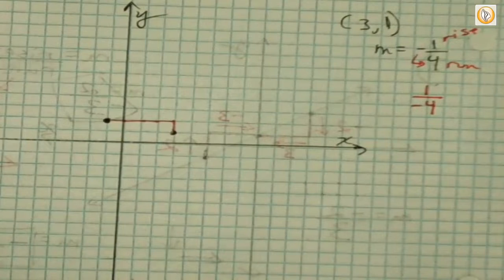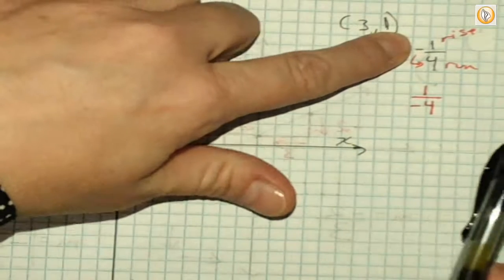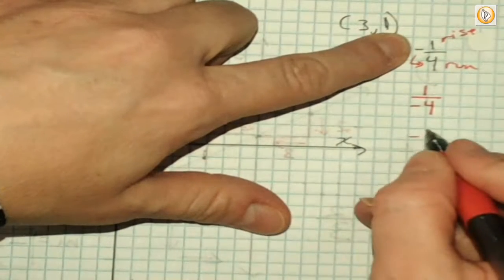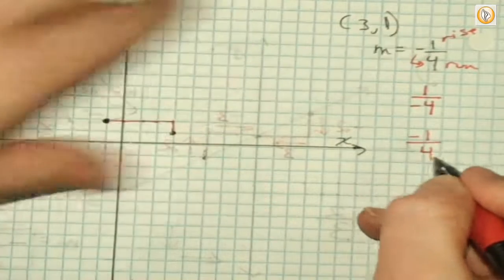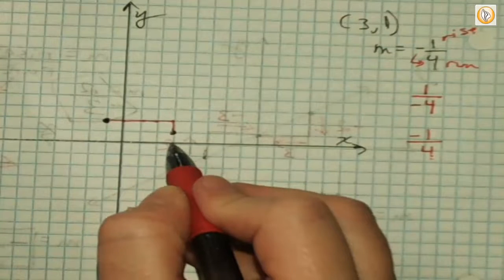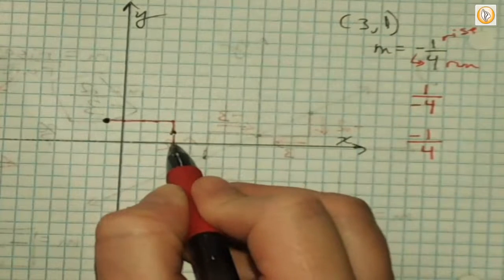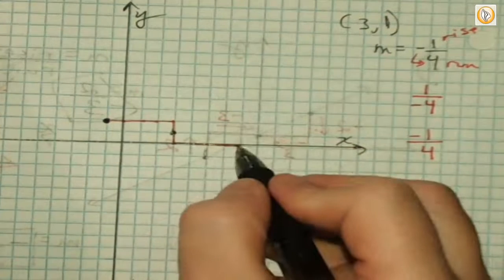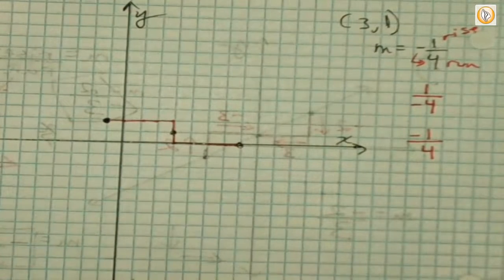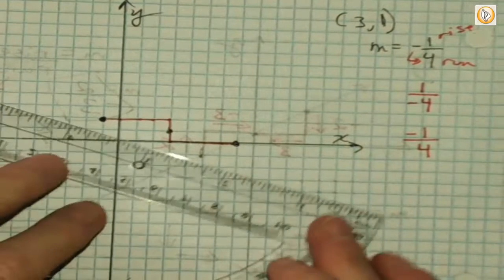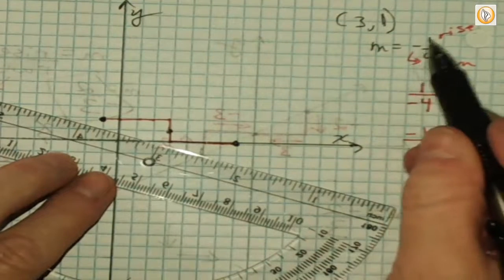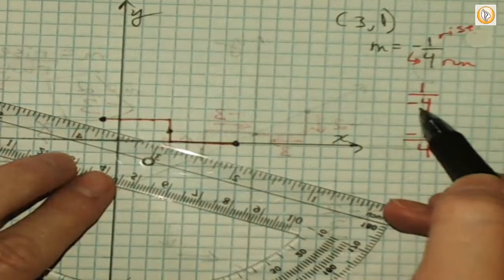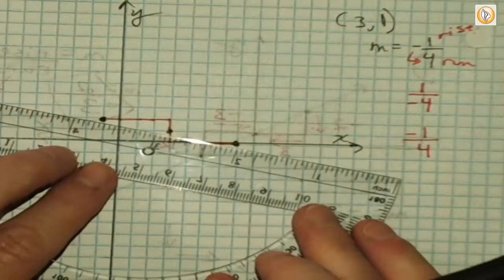And she's correct. Now we could have done down 1 and then right 4. We could have done down 1 and then 1, 2, 3, 4 places there. Correct? Either way, you just take that negative and you either put it with the 4 on the bottom or the 1 on top.